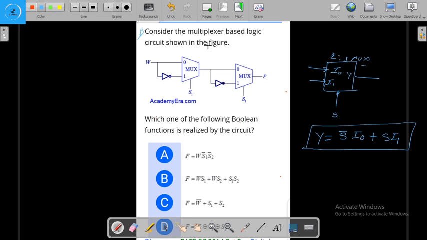So from here we can find the output of the first 2 to 1 mux.